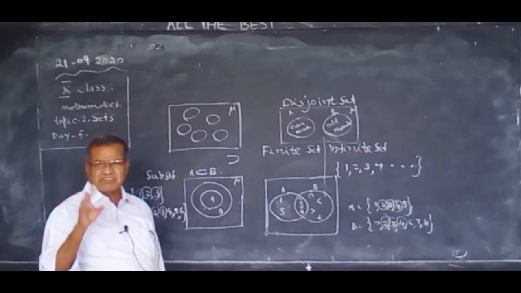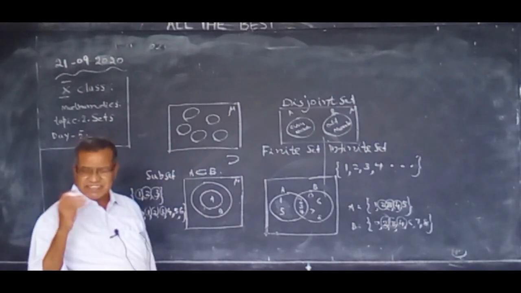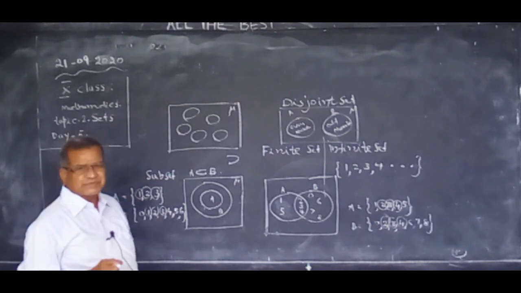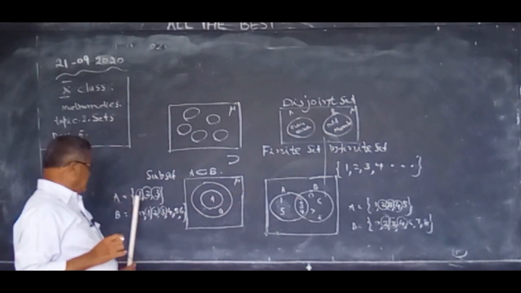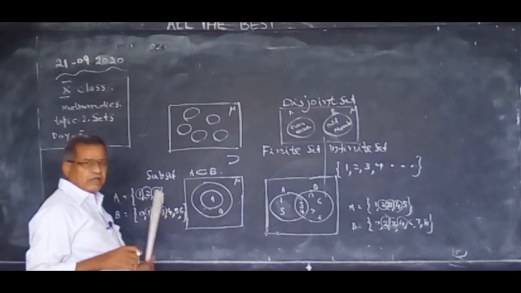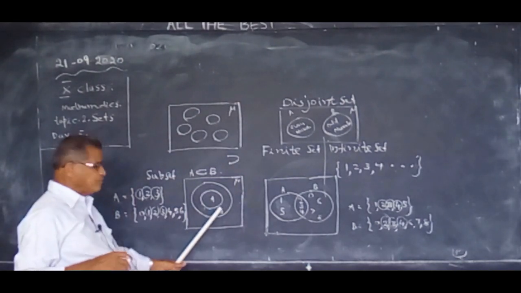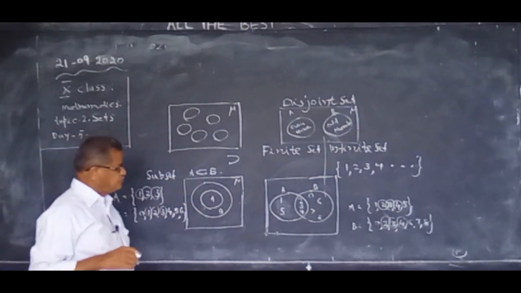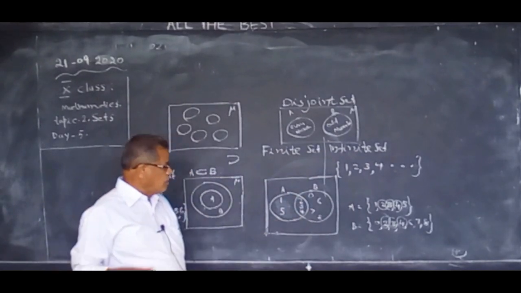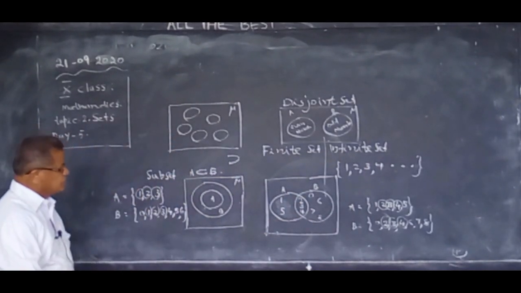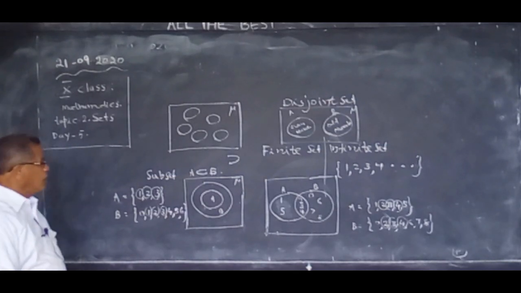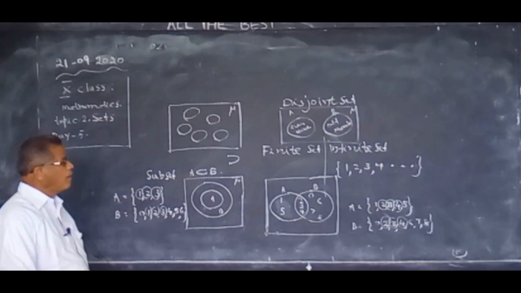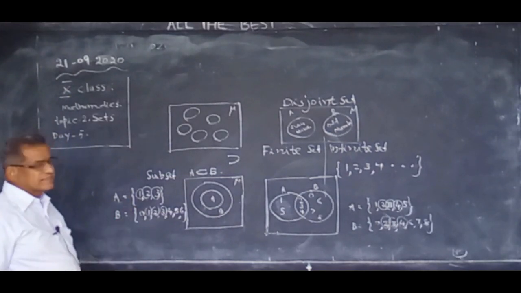Equal sets, equivalent sets, finite set, infinite set, singleton set, subset. Subset: the elements of set A are also in set B, like this. And the next, power set.